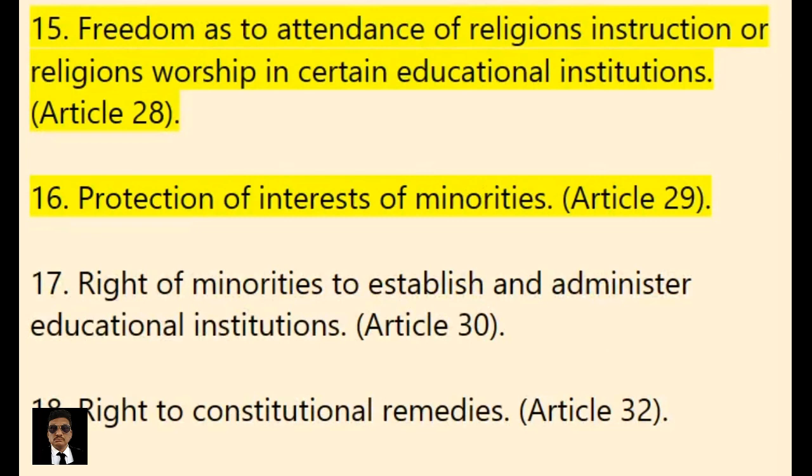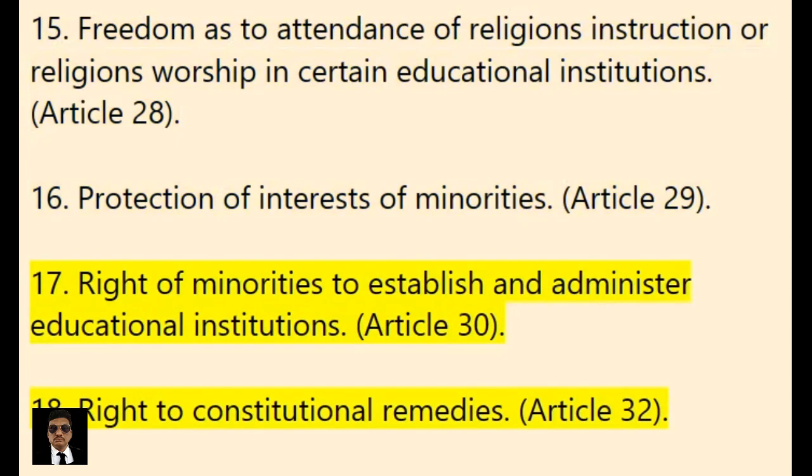Protection of interests of minorities, Article 29. 17. Right of minorities to establish and administer educational institutions, Article 30. 18. Right to constitutional remedies, Article 32.